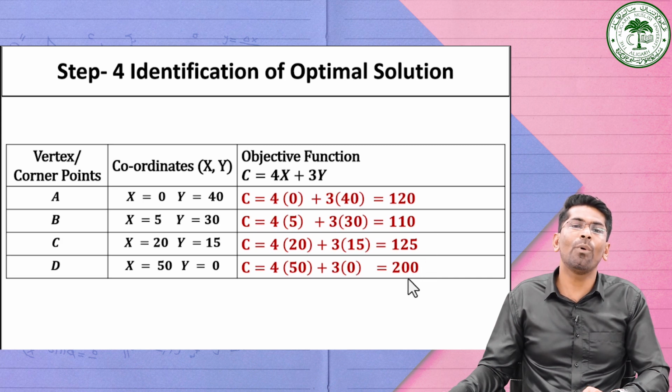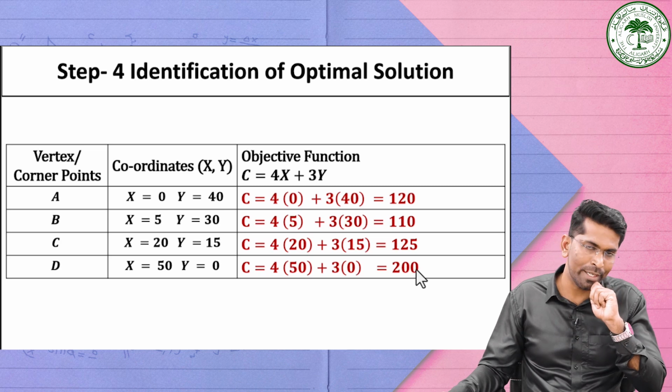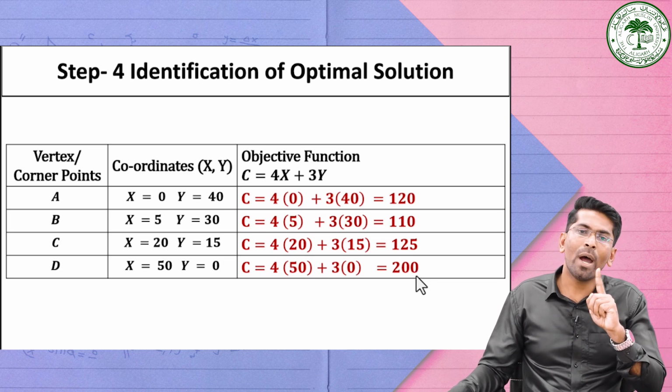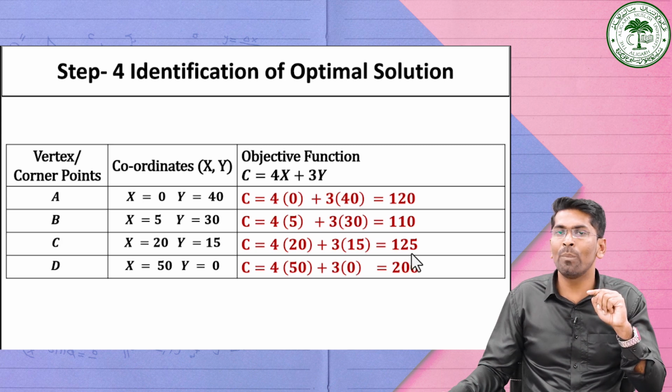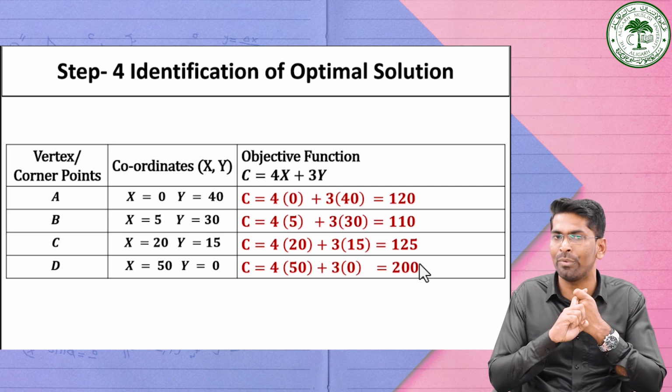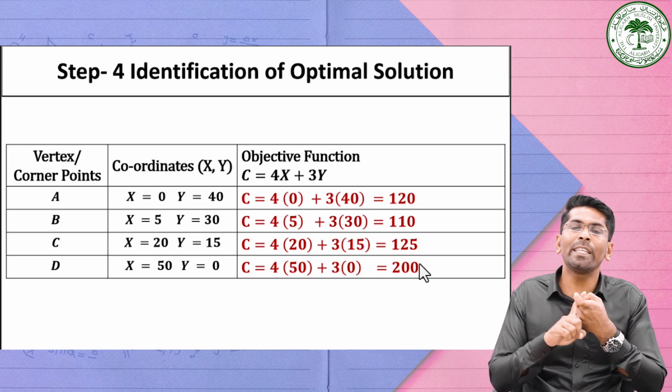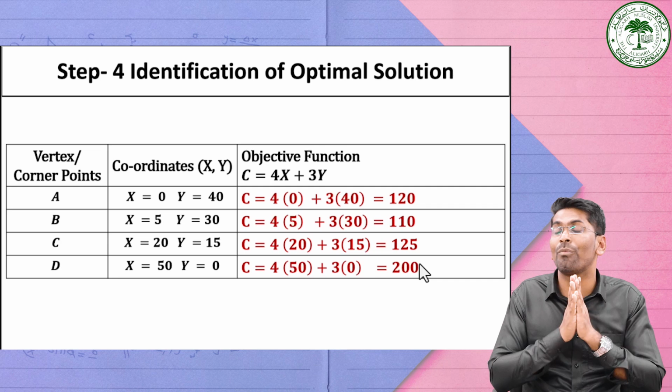Out of these 4 feasible solutions, one point will be considered as the optimal solution. As in the earlier example, it was the maximum point because our objective was the maximization of profit. But here, our objective function is minimization of cost.